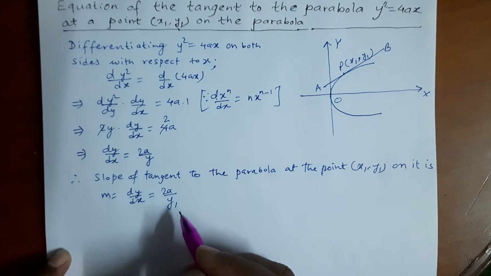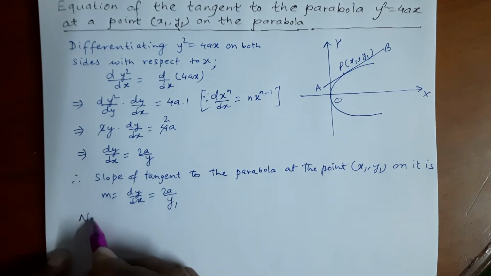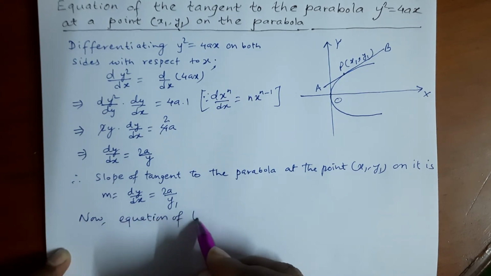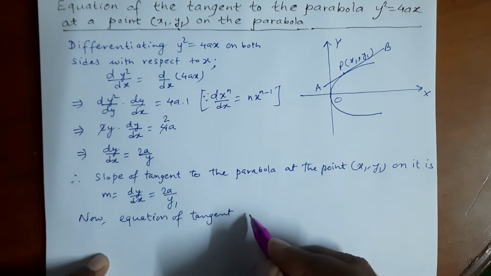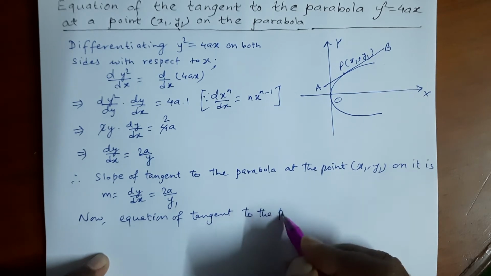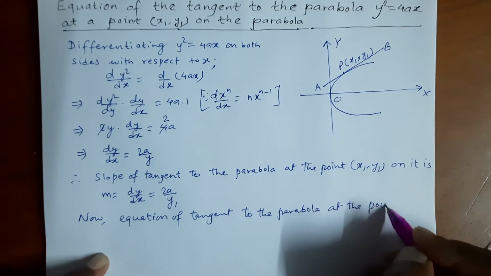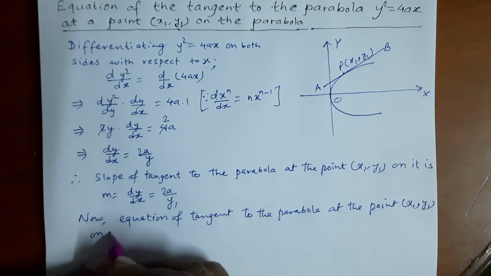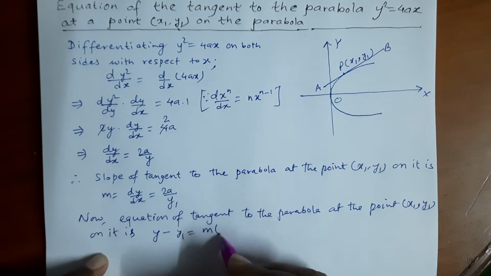And we know the equation of a straight line in point slope form is y minus y1 equals m times x minus x1. Now the equation of the tangent to the parabola at the point x1 y1 on it is y minus y1 equals m times x minus x1.